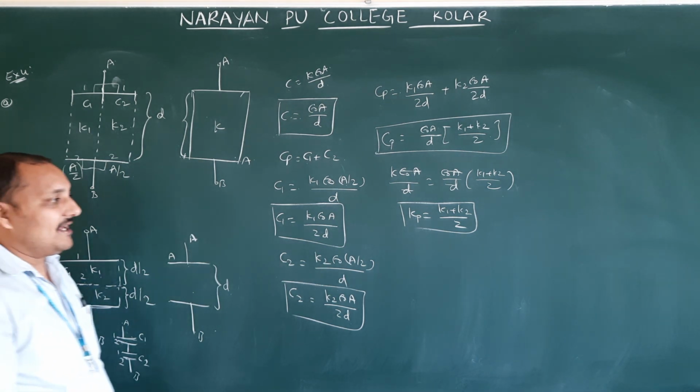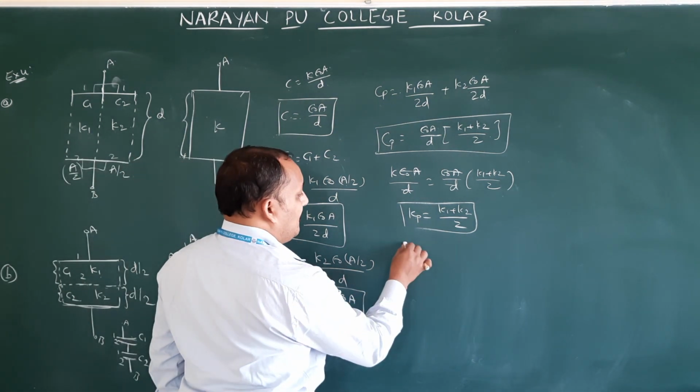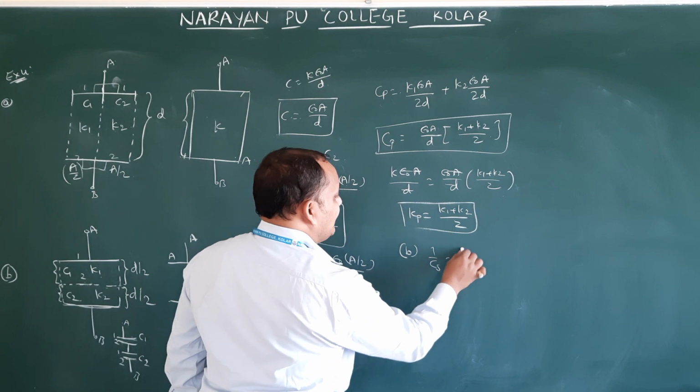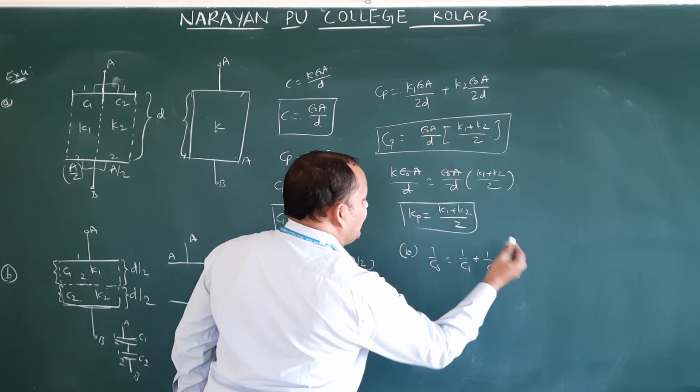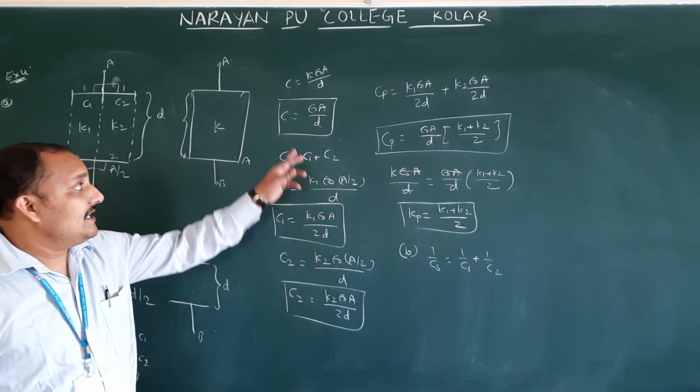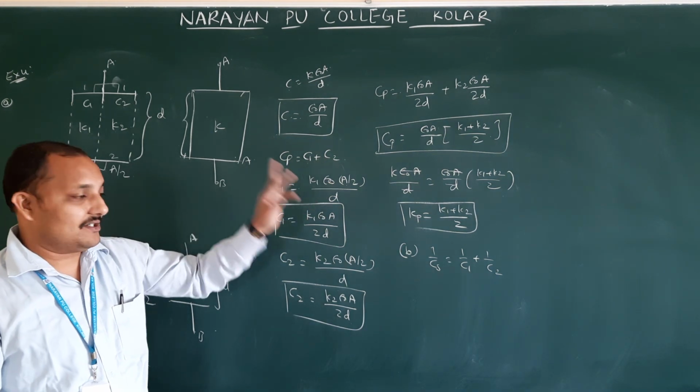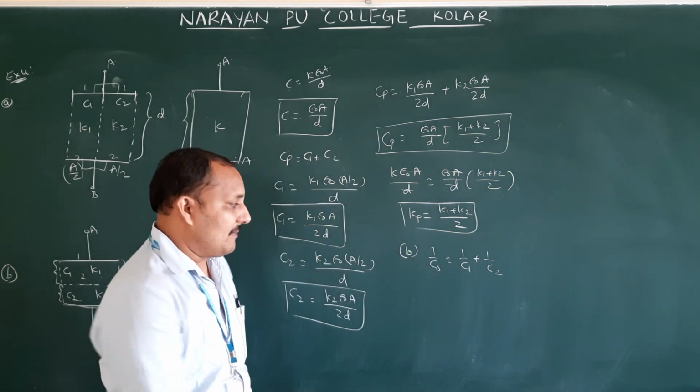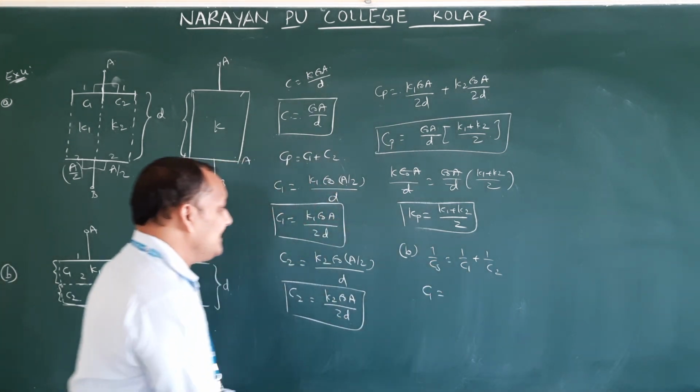Series means what is the formula? I am doing it now: 1 by Cs is equal to 1 by C1 plus 1 by C2. For parallel we use C1 plus C2; for series we have to use this formula. Now what is C1?